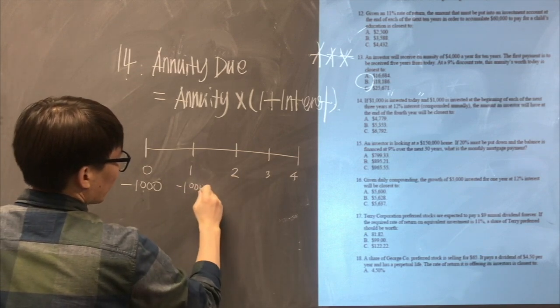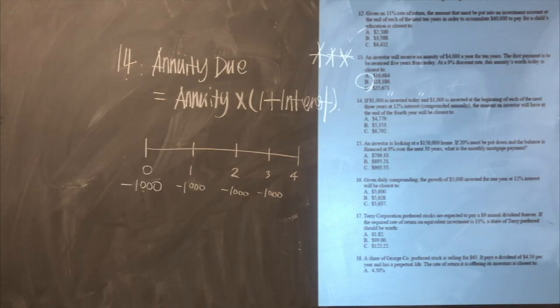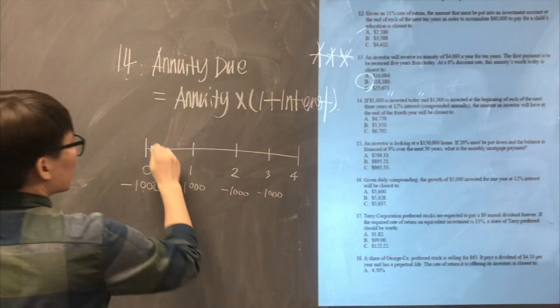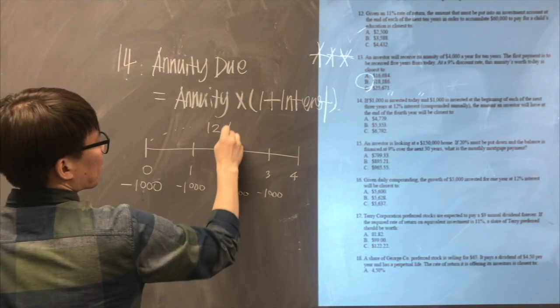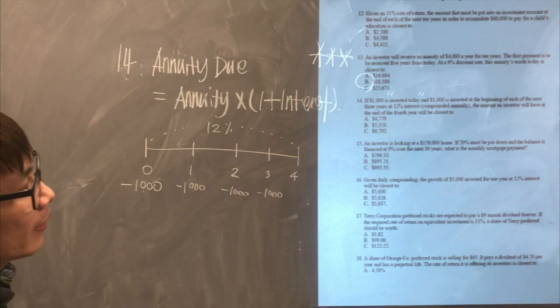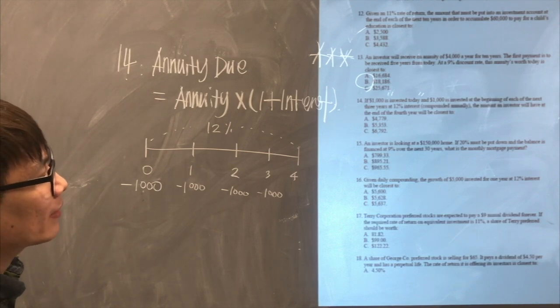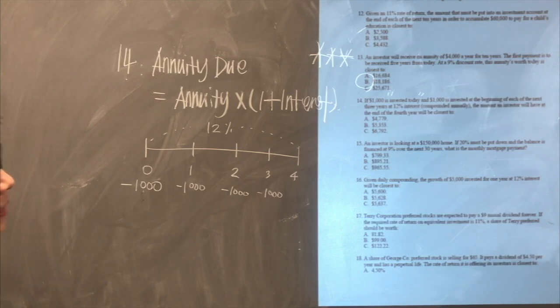So you have equal payments and 12% interest rate. And the amount an investor will have at the end of the 4th year will be close to what?